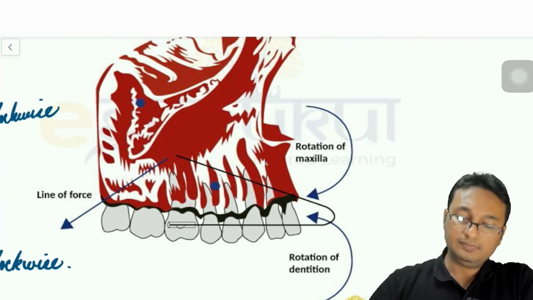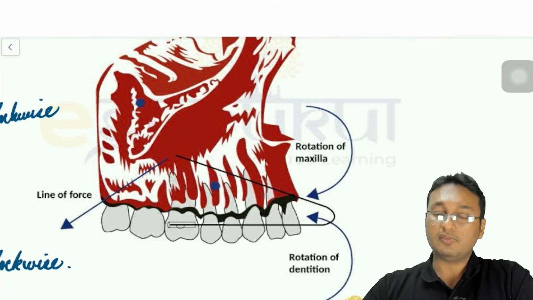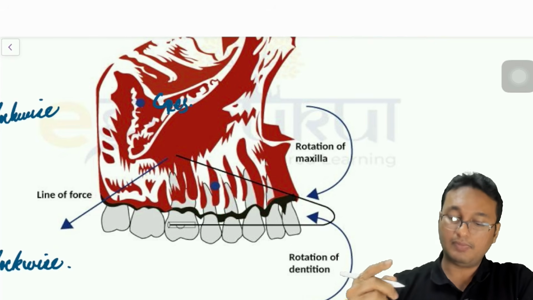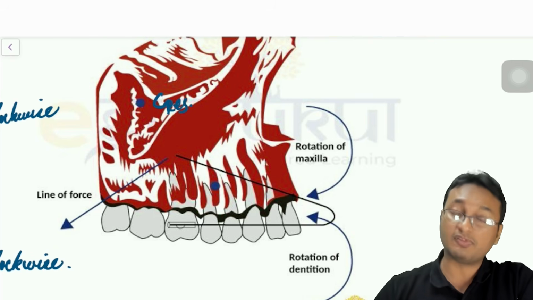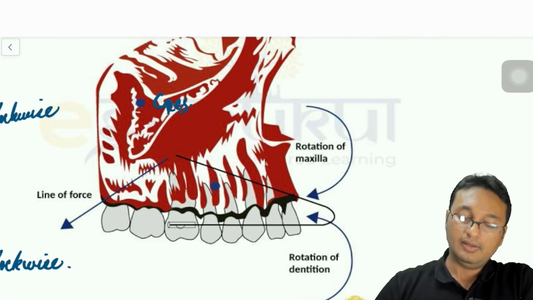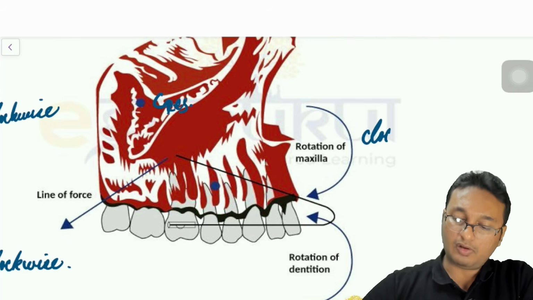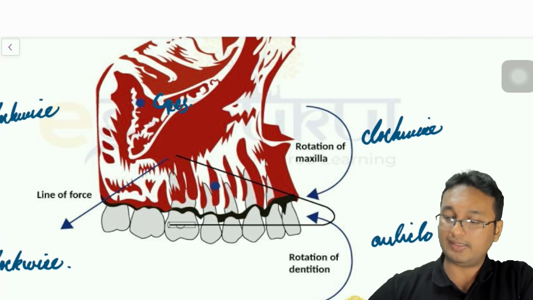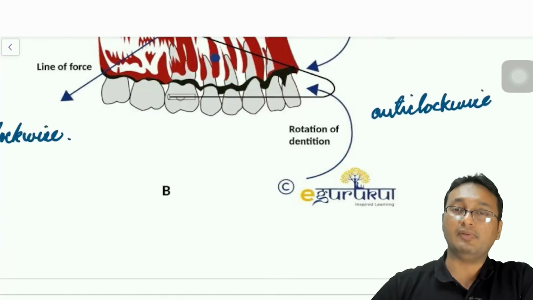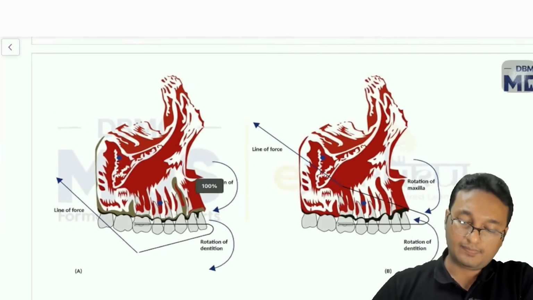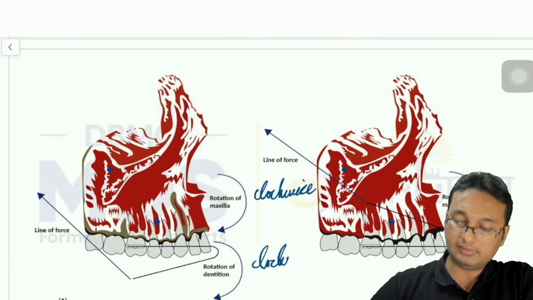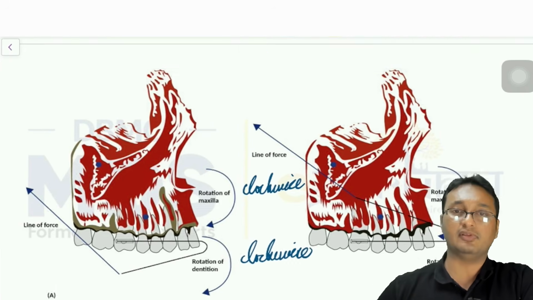In the second scenario, the line of force is passing below the center of resistance of the maxilla, but it is passing above the center of resistance of the maxillary dentition. In that case, you observe clockwise rotation of the maxilla, but anti-clockwise rotation of the maxillary dentition. This is the biomechanical principle behind headgear. Right? Again, we see clockwise rotation here as well as here, because the line of force is passing below the center of resistance of both.